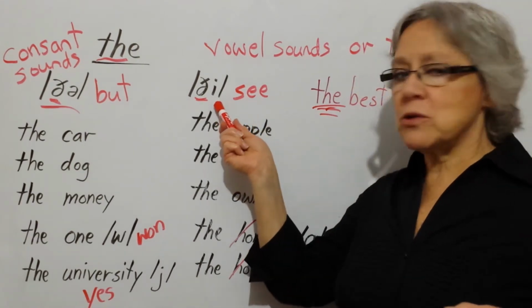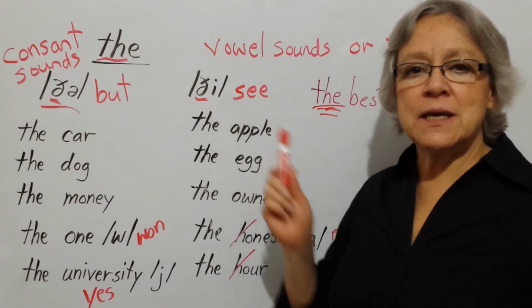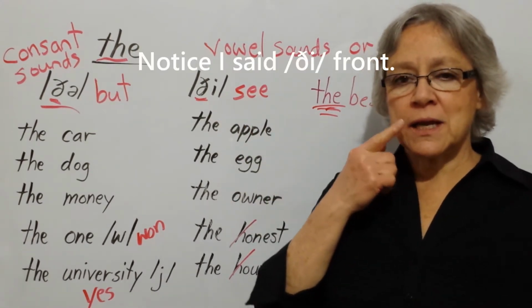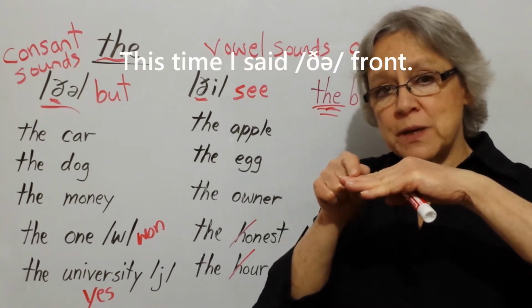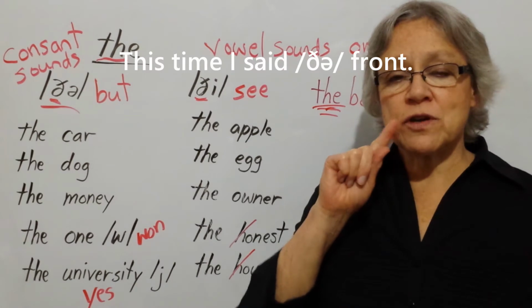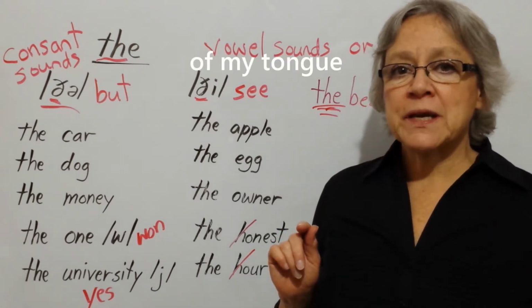For this vowel sound, this is E. The front of my tongue, not the tip. The tip is at the very end. The front is just behind the tip, okay? So the front of my mouth, not the tip, is high in my mouth.